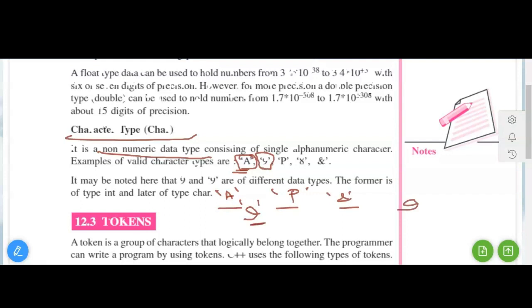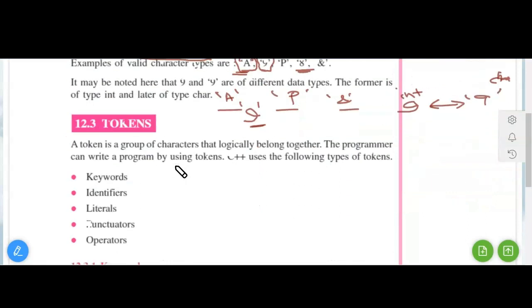Otherwise it is an integer value, but inside single quotation marks we call it character type data. 8 is also mentioned this way, so it is also a character. So this 9 and this 9 are different. This is integer type and this is character type. You will learn more when you do real programming in C++.